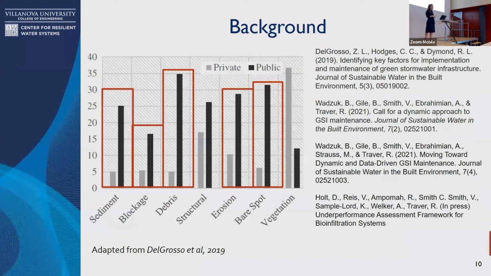Those transport processes associated with the water right on the surface. And so here I have a list of papers, and this is a list of papers talking about data and how the use of data can be used to highlight these different challenges and understanding how GSI and BGI change through time.